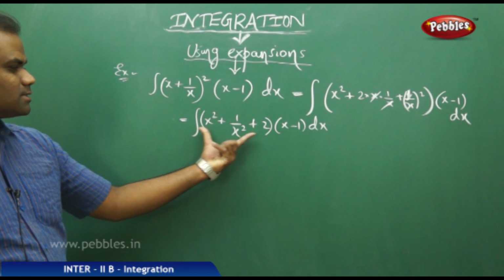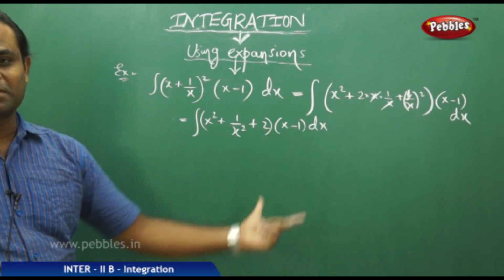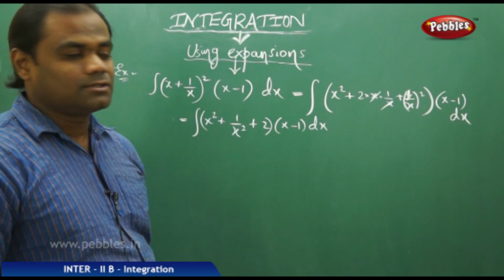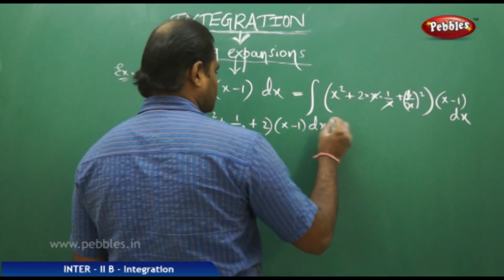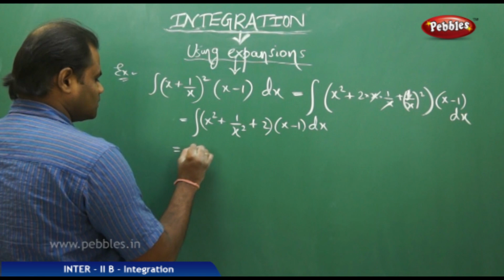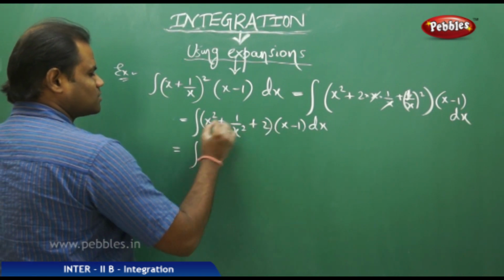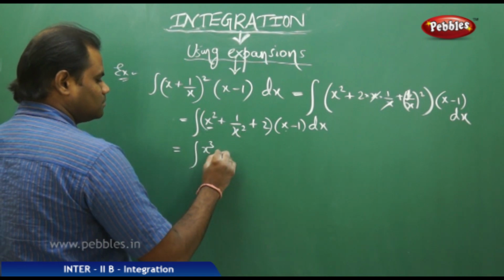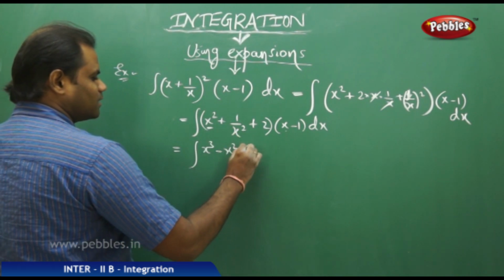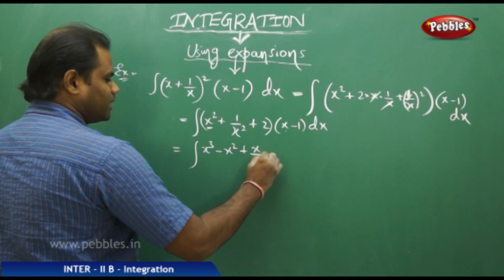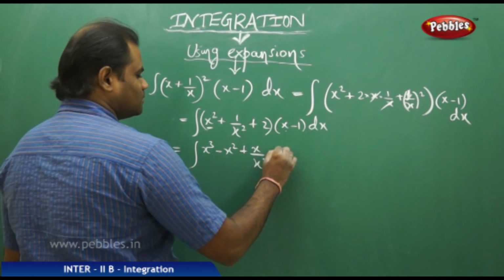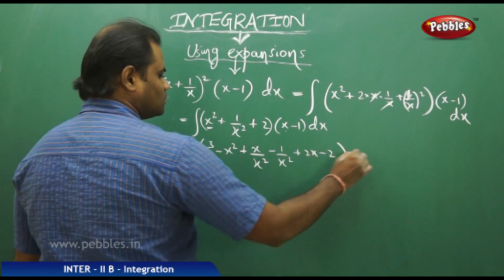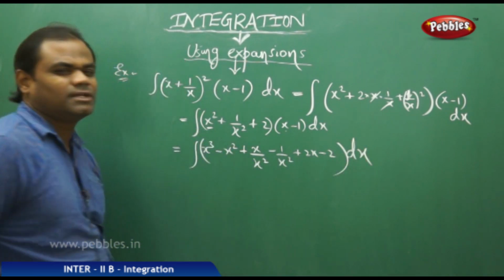Now further, these are two factors which I'm going to multiply to reduce into a single term. This on expansion gives x squared multiplied with x is x cubed minus x squared plus 2x minus 2, plus x by x squared minus 1 by x squared dx.